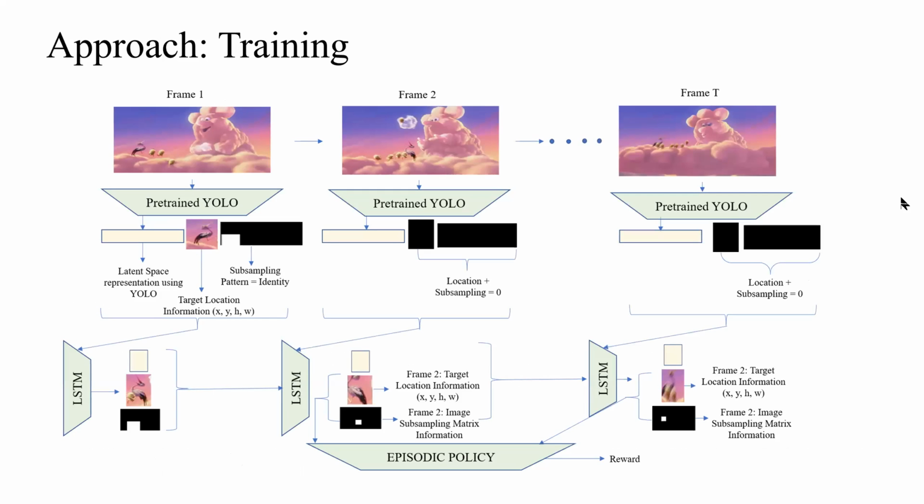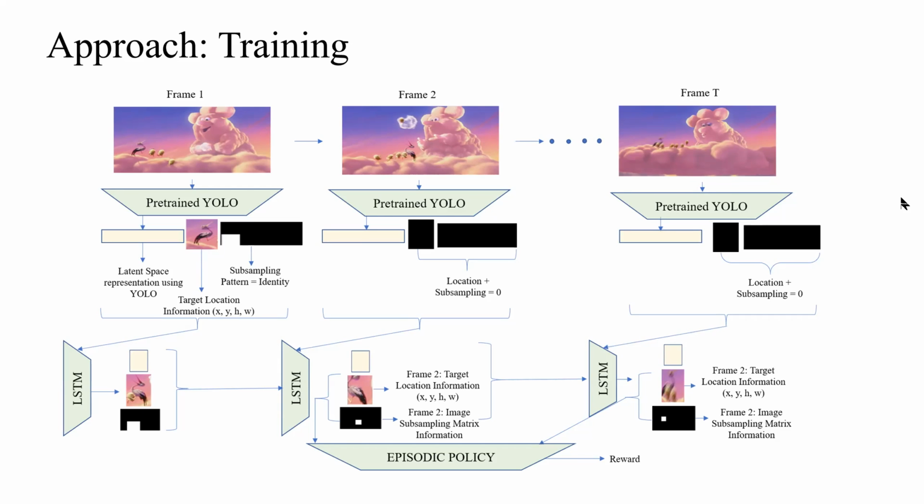So this is our proposed training approach. As you can see in frame 1, we send a frame to a YOLO network which extracts features from it, and with it we concatenate the ground truth location as well as subsampling information. Based on all of this, the LSTM makes a prediction for the next image frame.